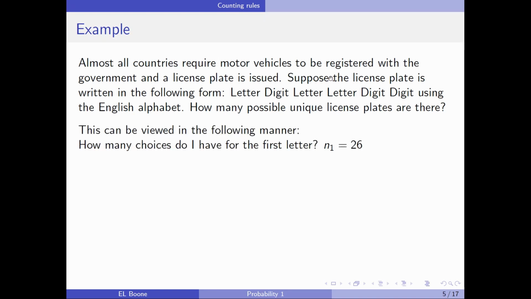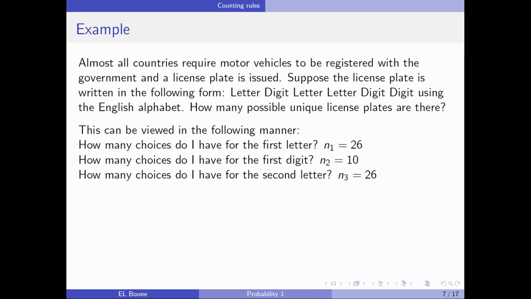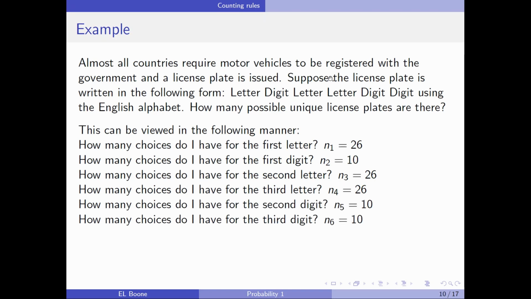Okay, so this can be viewed in the following manner. So for the first letter, I have 26 choices. That's how many letters there are in the alphabet. Okay, so the first digit is the second character in this. There's only 10 digits possible that we've been using. Here again, we have a second letter, which is 26, a third letter, which is 26, and then we have a digit again, and then another digit.